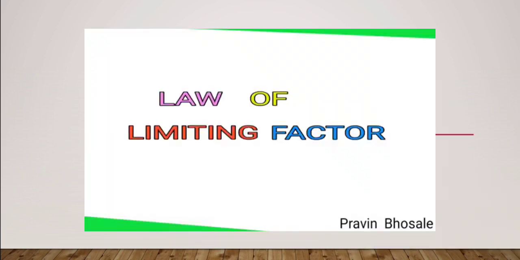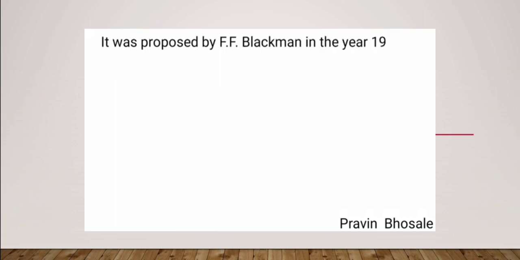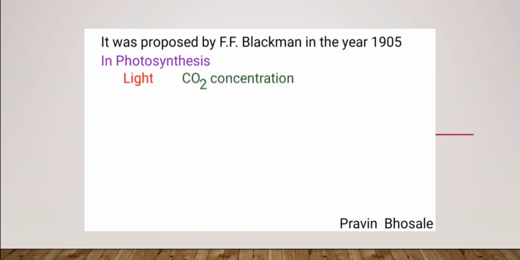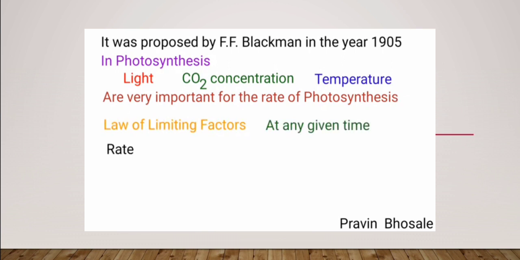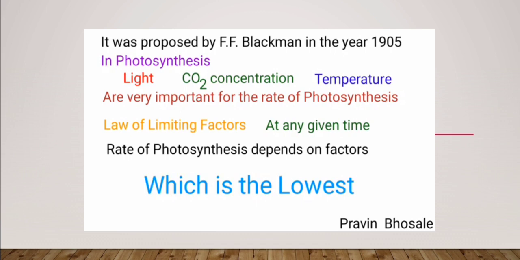Hello students, let's today revise about law of limiting factor. It was proposed by F. Blackman in the year 1905. In photosynthesis, light, carbon dioxide concentration and temperature are very important for the rate of photosynthesis. As per law of limiting factor, at a given time, rate of photosynthesis depends on factor which is the lowest.